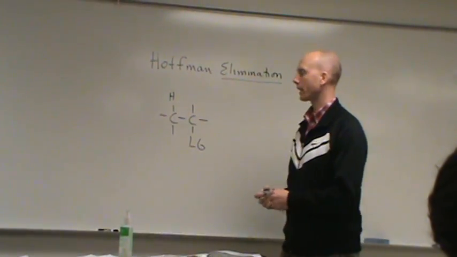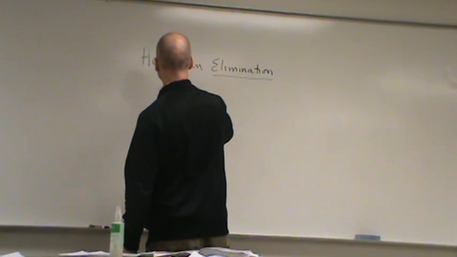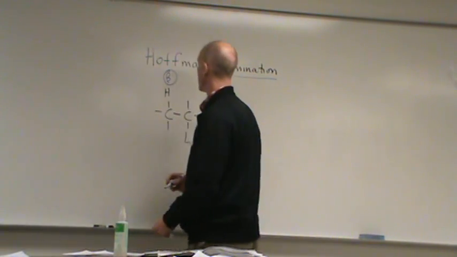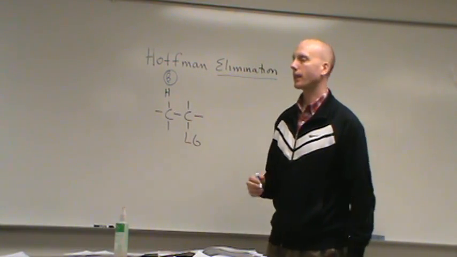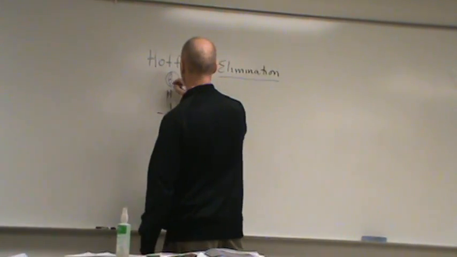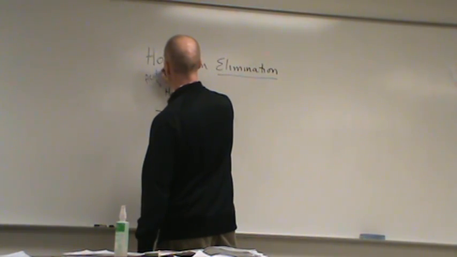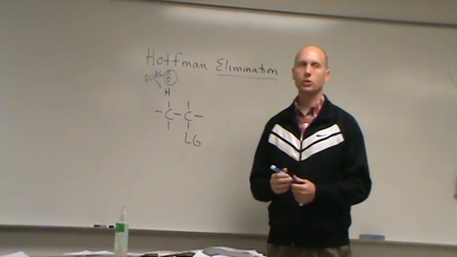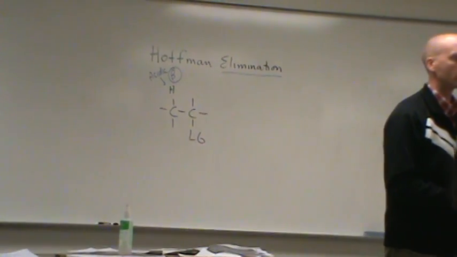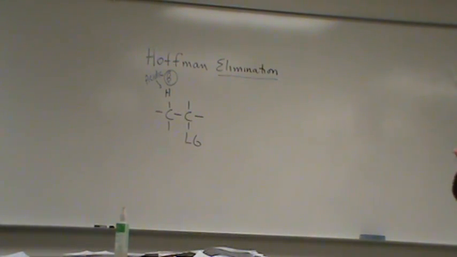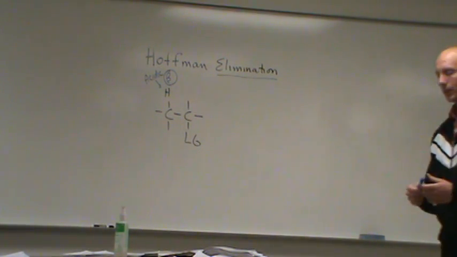Remember we called that a beta hydrogen. And remember that the beta hydrogen had some acidic character to it. So if it is somewhat acidic, it can react with a base.